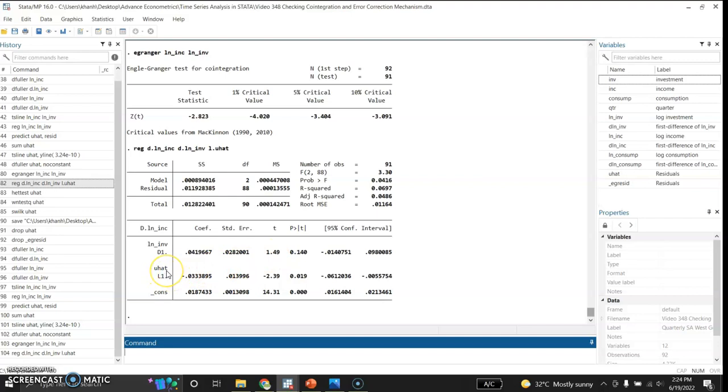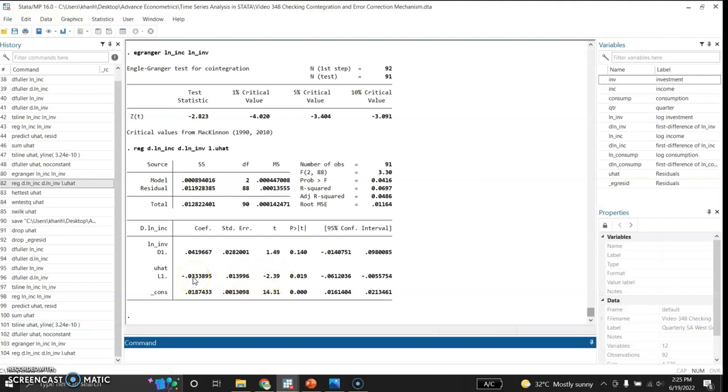And the error term with lag 1 period is minus 0.033, and this is significant. So this should be less than absolute 1 and greater than 0, and it should be significant.